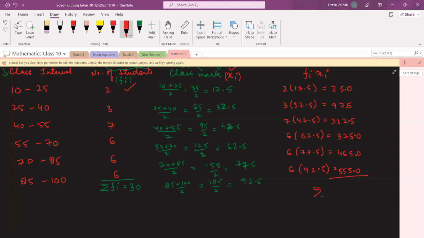So you will find summation of fi xi. Okay. So now you add it.